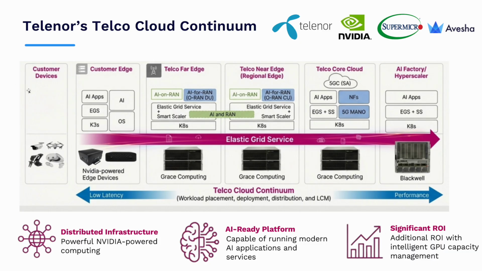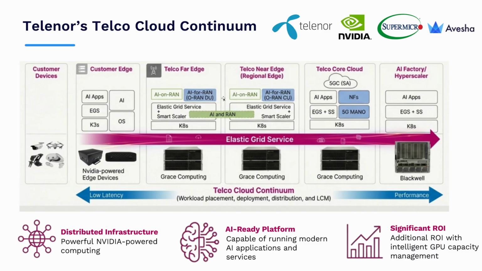The general premise is that as I incorporate more and more compute into the various tiers within my telco cloud, whether that be far edge, near edge, or the core, I need a way to manage those infrastructure assets and to get the best use out of all of them.